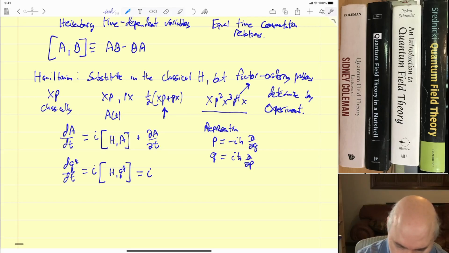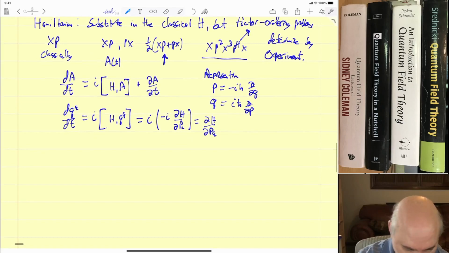So here I have i times minus i. If I put a minus sign here, I'm going to have [q_a, H]. Then q_a becomes the partial with respect to P. So this becomes minus i, the partial of H with respect to p_a, which is equal to the partial of H with respect to p_a. And dp_a/dt is equal to i[H, p_a].